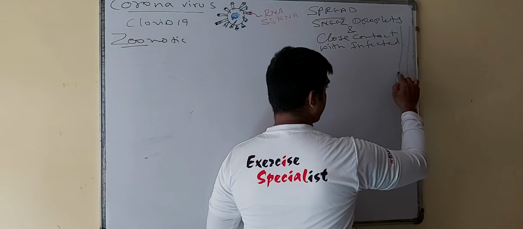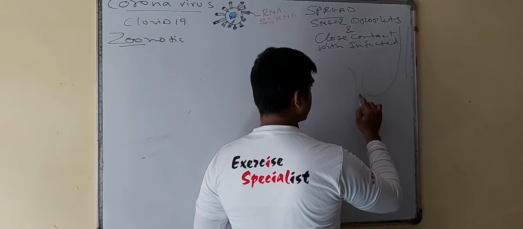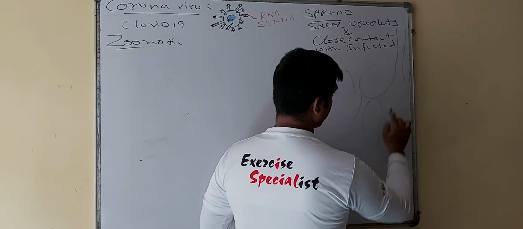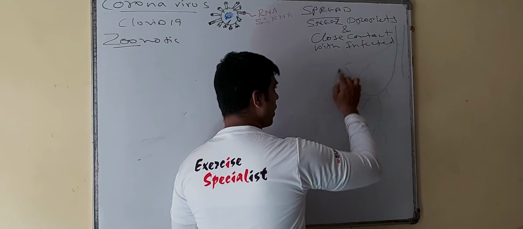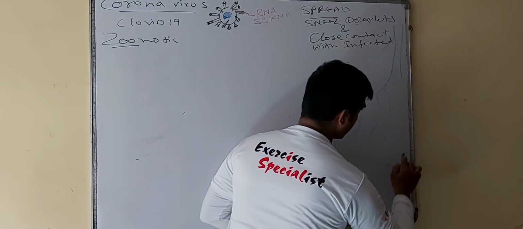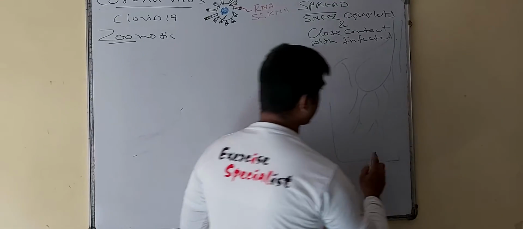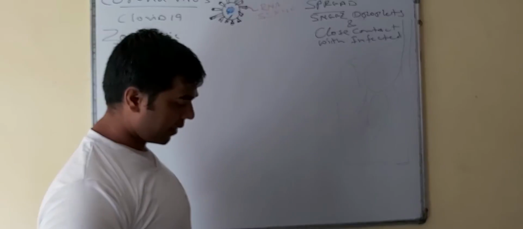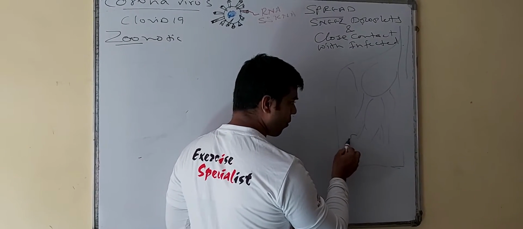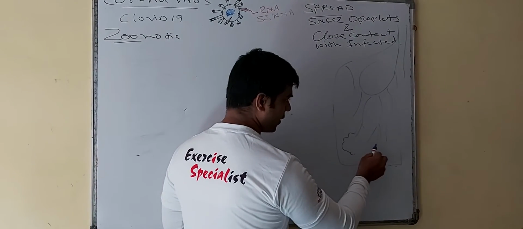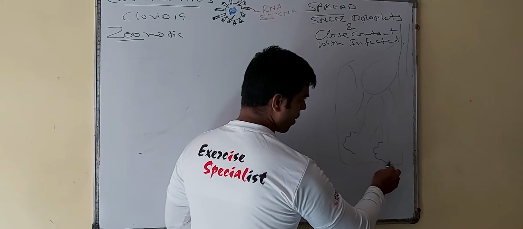Let's understand how it settles and where it settles in our respiratory system. So this is our airways, right? There are many airways. I am drawing only one lung so you can understand it better and we can save space here. And we have air sacs formed by alveoli structure.